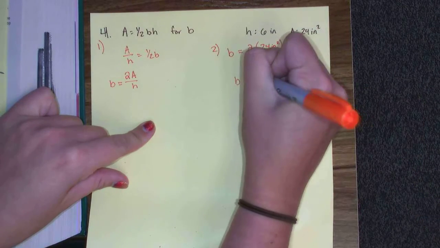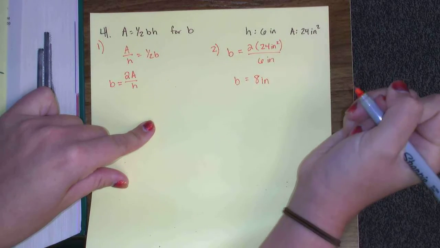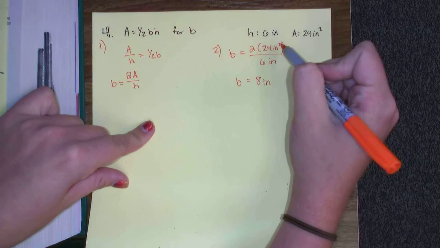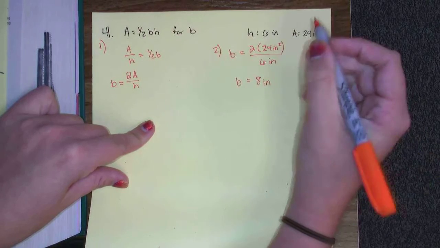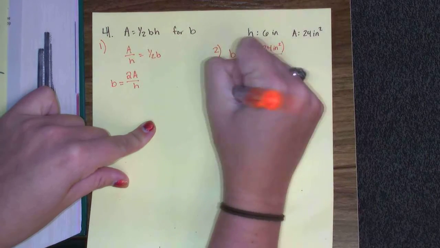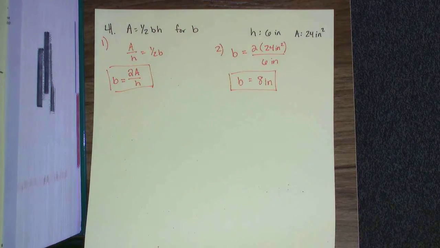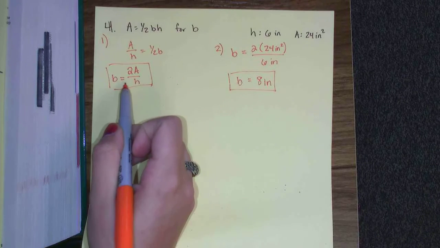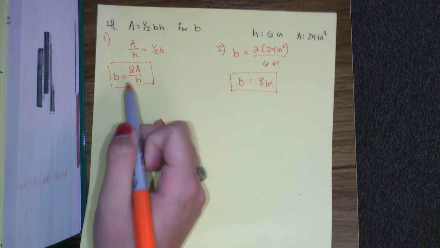Yes. 8 inches. Inches and inches squared cancel, leaving you with inches, so your base should be 8 inches. Okay? So the two answers that I'm looking for are these. Okay, you can do them side by side on your paper, that's fine, but make sure that you do this first. Okay, if you don't have this, it's wrong.